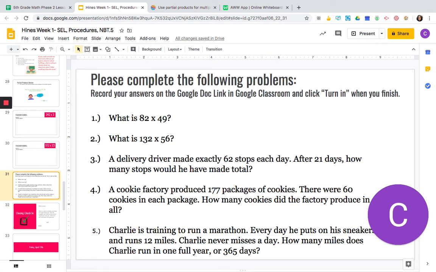And when you're finished, it's really important that you go back to the assignment in Google Classroom and click the Turn In button. Okay, by doing so, that's telling me that you finished everything and I can mark you as present for our lesson today. All right, so you can do that now.